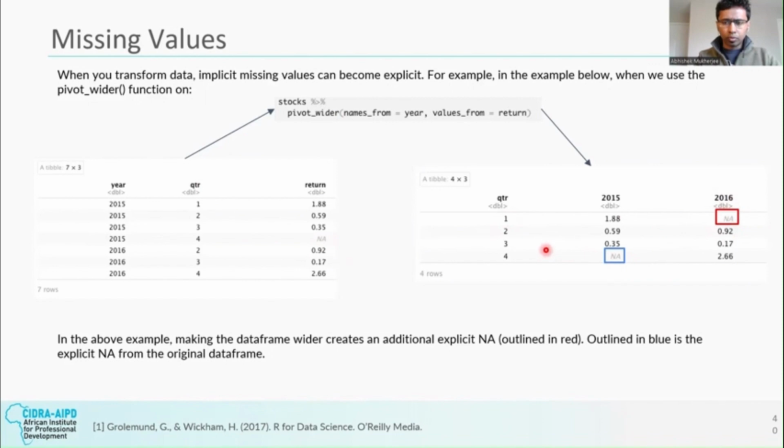This explicit NA got created because we used the pivot wider function on this data set. So the NA value that was not explicitly present for the first quarter of 2016 is now explicitly present in this transformed data set.